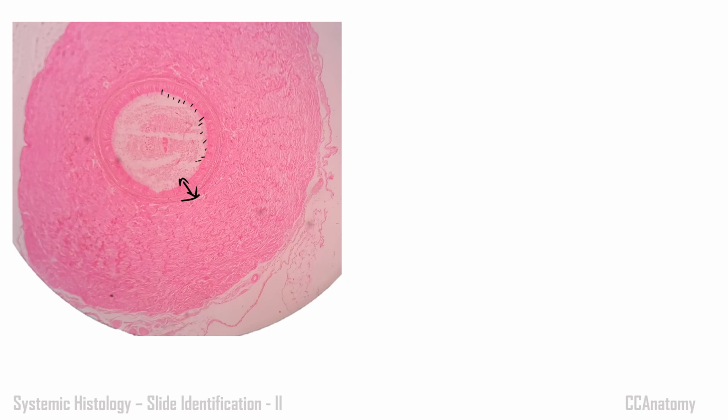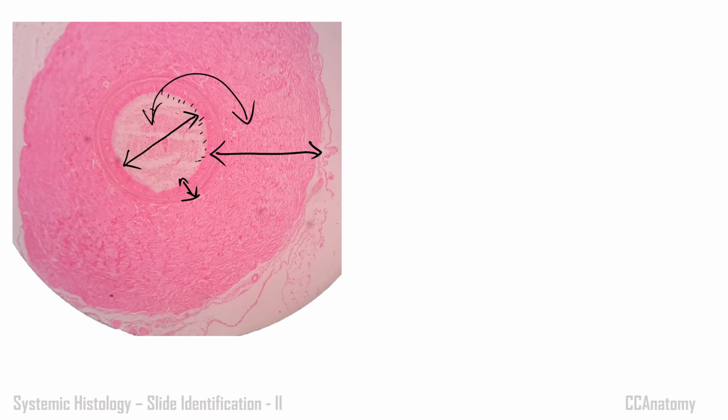Again here the epithelium is pseudostratified ciliated columnar epithelium. If you compare the luminal size with the wall thickness, that is the thick muscular coat, the wall is more than the size of the lumen. So if you compare these two, the wall thickness is more than the size of the lumen.